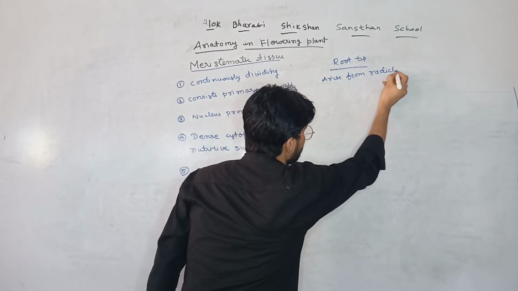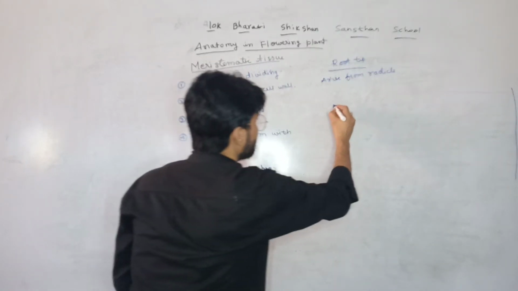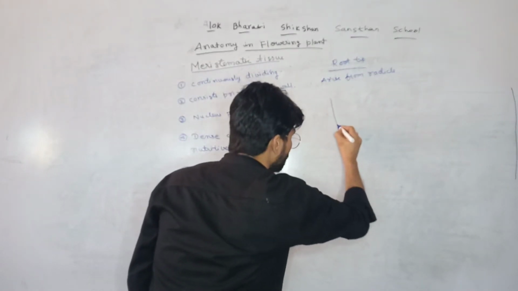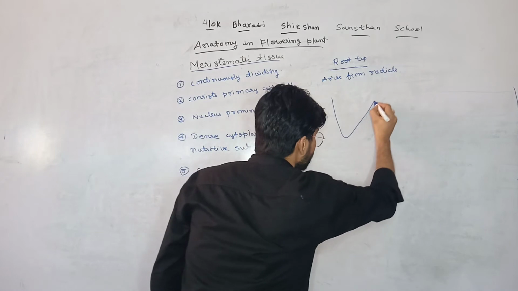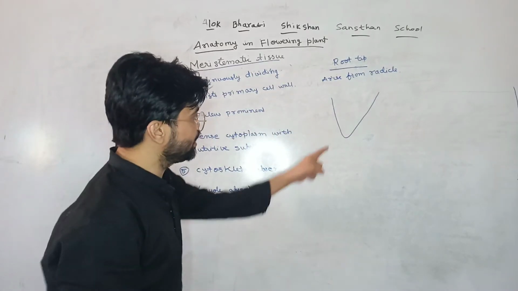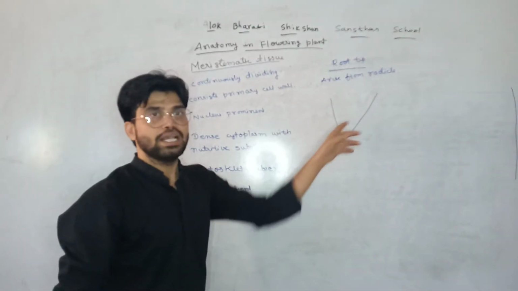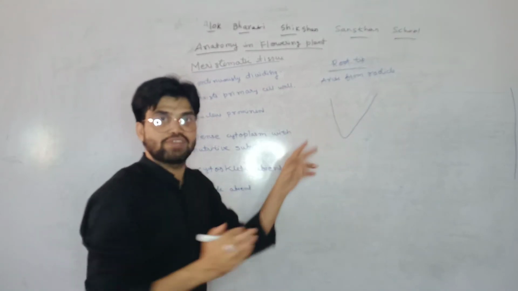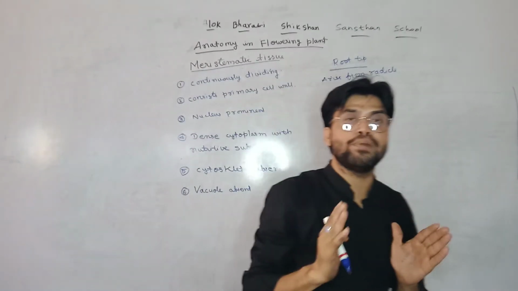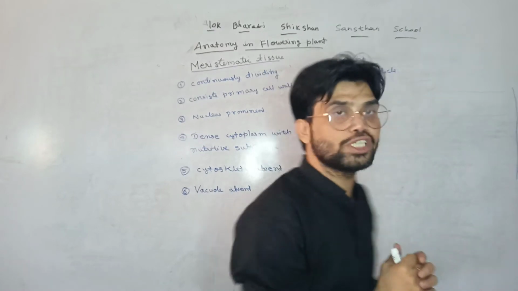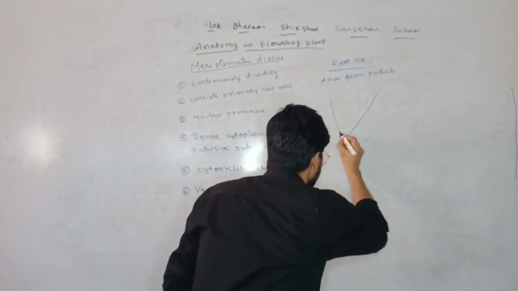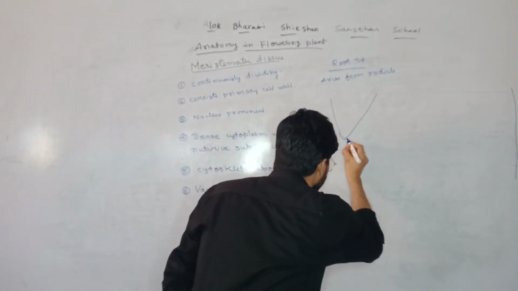My dear students, you can see the structure of the root tip. This root structure is covered by a thimble or cap-like structure which is known as the root cap. So I am drawing the structure of the root cap here.